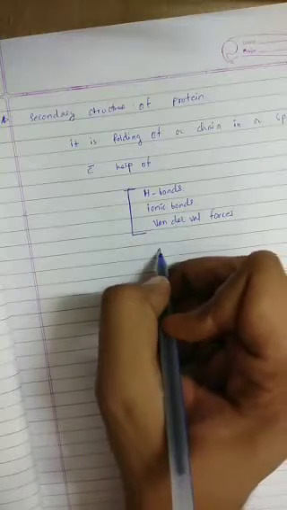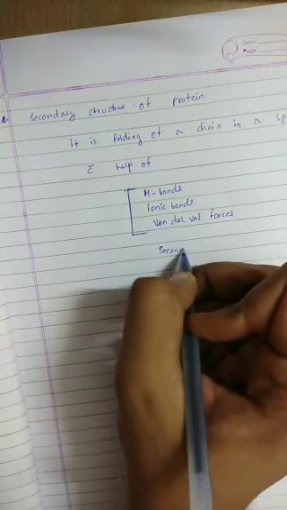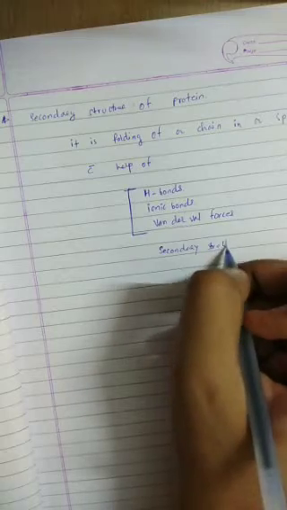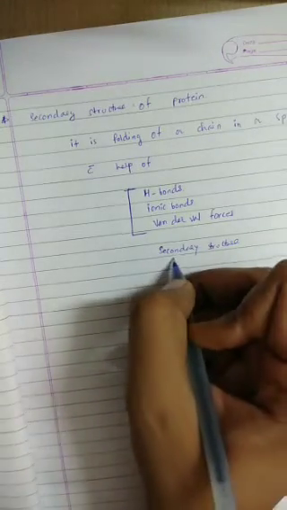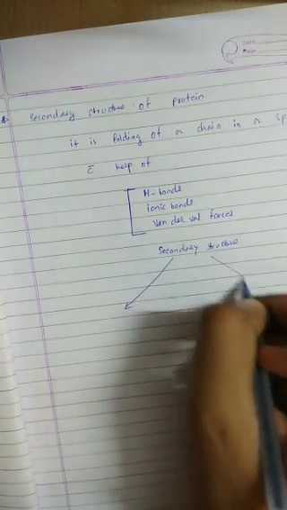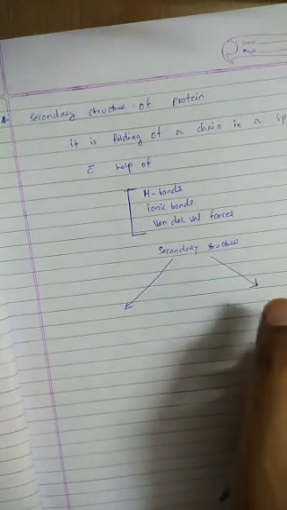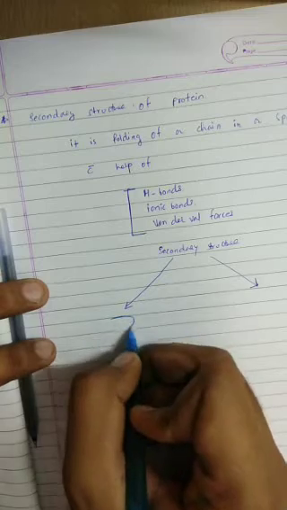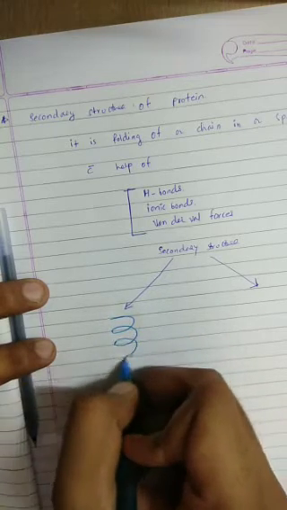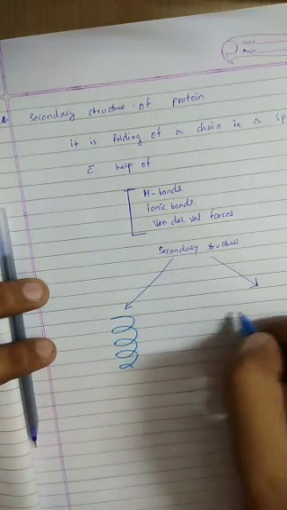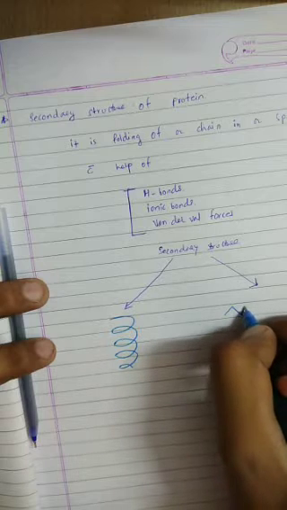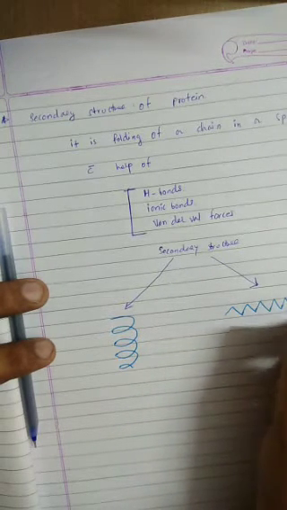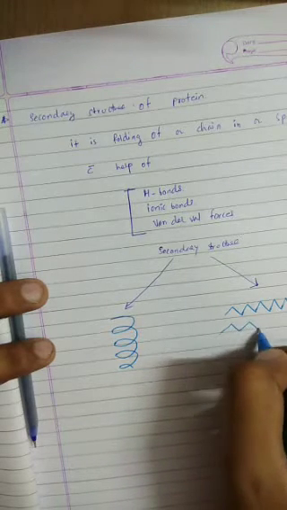Now, the secondary structure includes two forms. One is the alpha helix, and the other is a zigzag pattern-like structure, which is known as the beta pleated sheet.